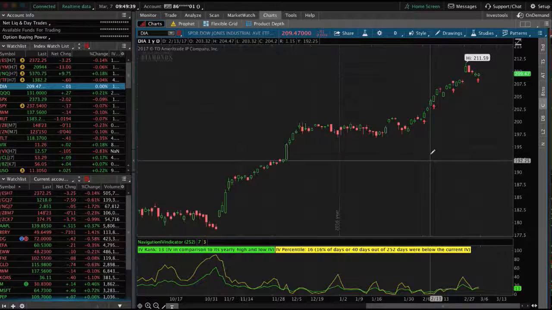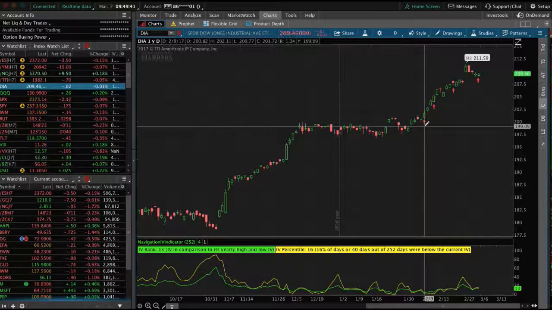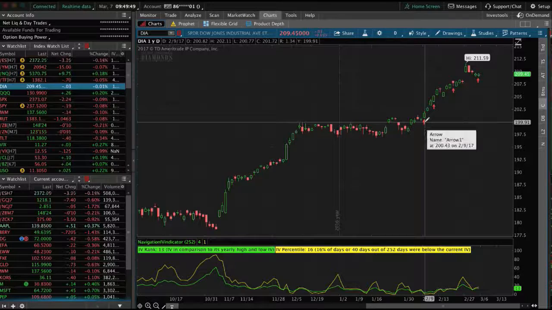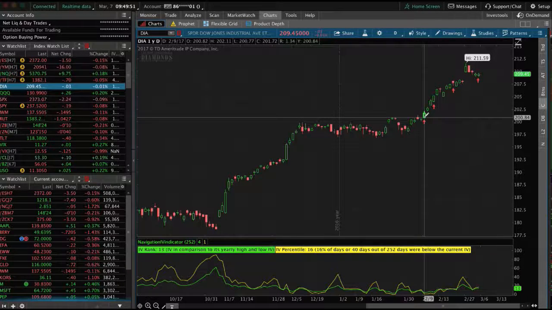So what we did was we entered a calendar spread back here on February 9th, 2017, right on this day here. I've marked it with the arrow. Price was right around a little above 200, so we entered a 200 strike calendar spread.